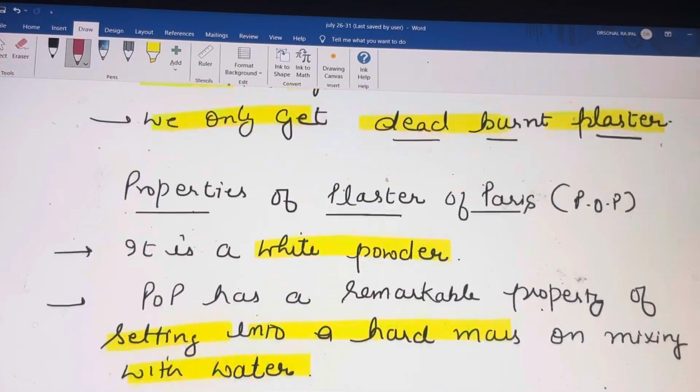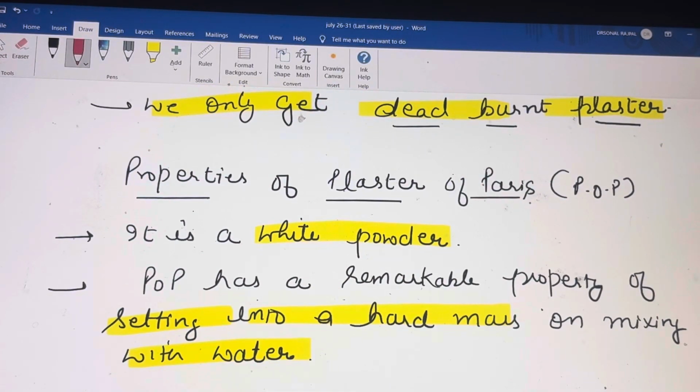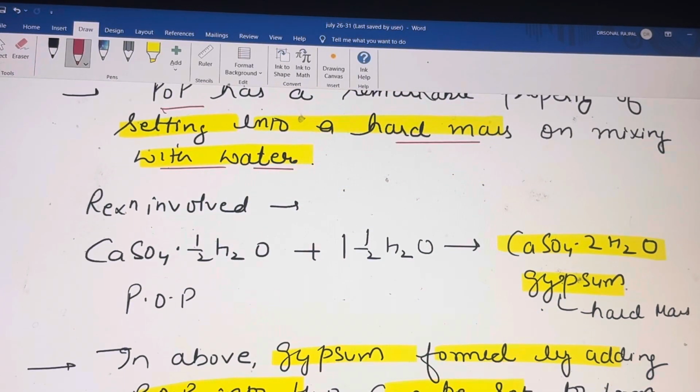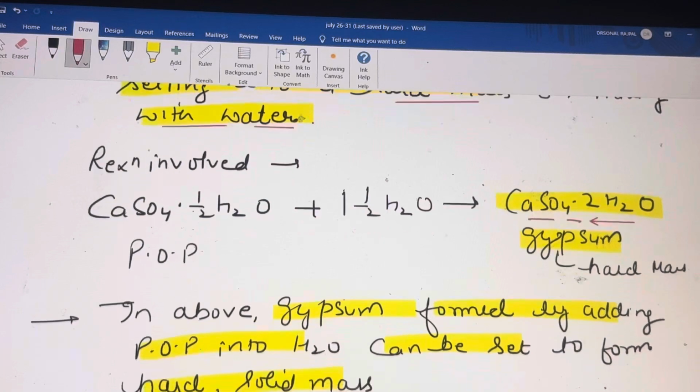Now what are the properties of plaster of Paris? It is a white powder, and this POP has a remarkable property of setting into a hard mass on mixing with water. When we mix this POP with water, it is converted into gypsum, and if you leave this gypsum for 15 minutes, it can set into a hard mass.